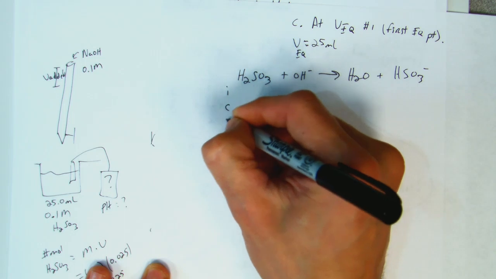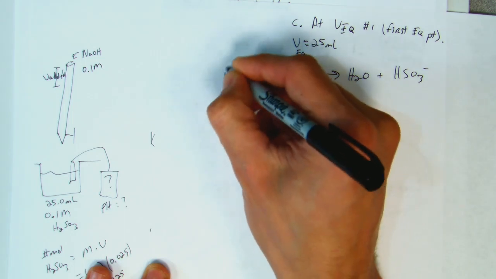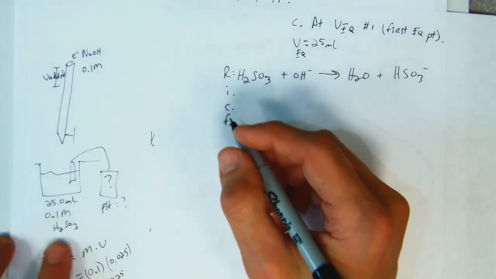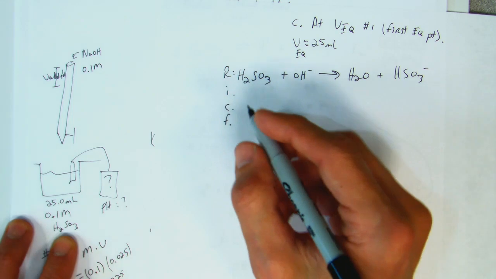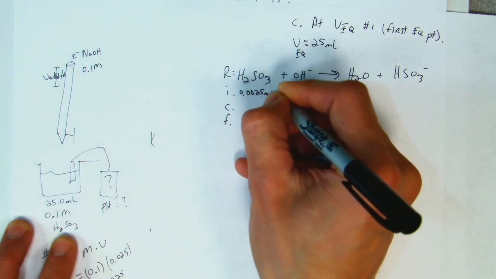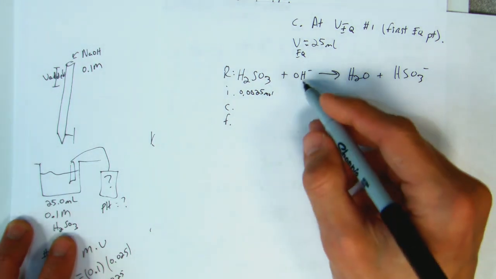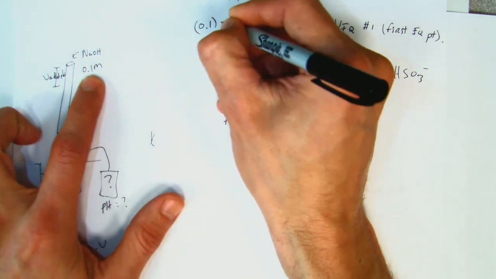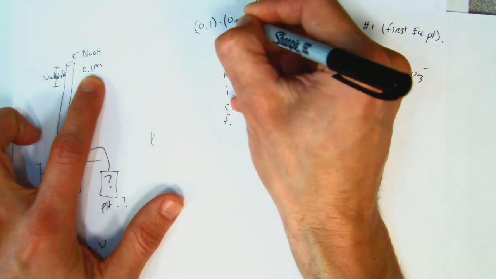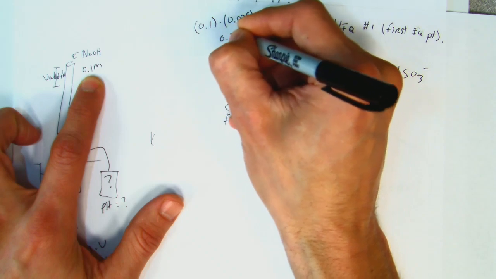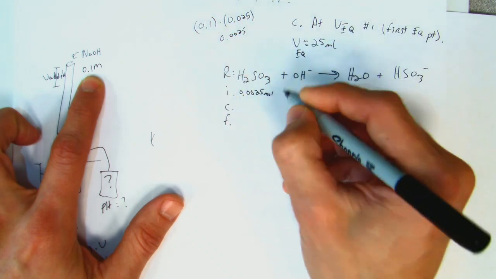Do our ICF inventory, and we work the math. Earlier on in the problem, it seemed like we had 0.0025 moles of our acid. Now let's figure out how much of this base we've got. Well, the concentration was 0.1, and if I multiply the molarity times the volume, that gives me moles. Well, that's 0.0025, isn't it?